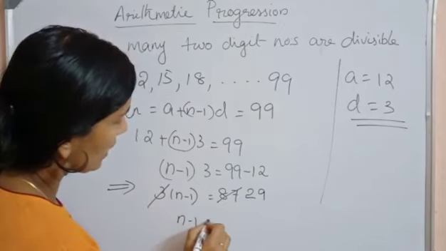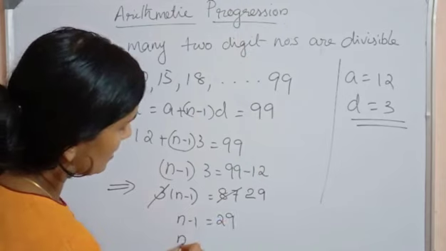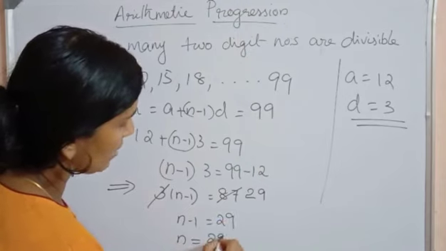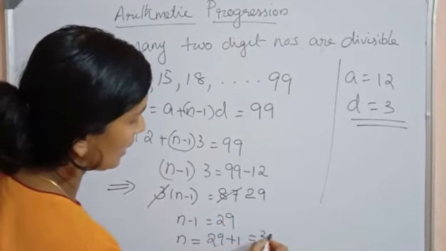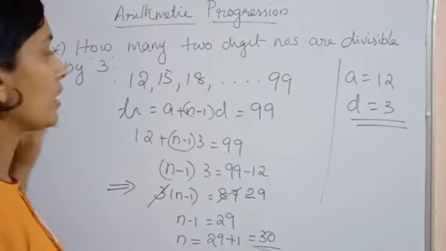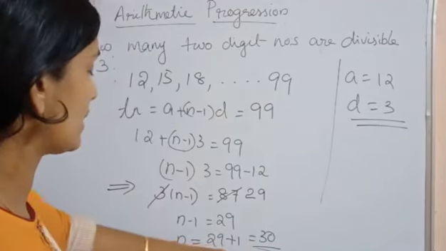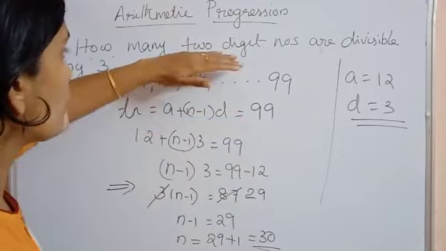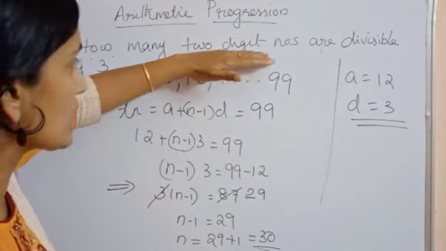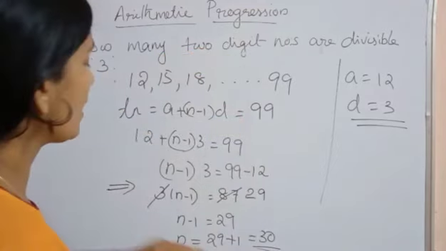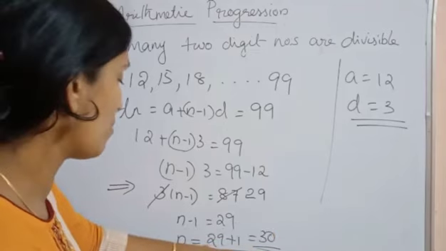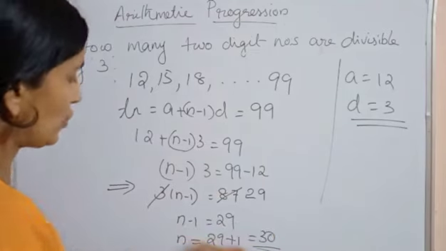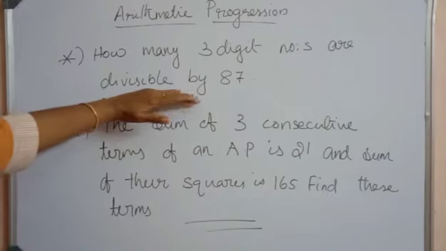So n minus 1 is equal to 29, and this implies n is equal to 29 plus 1, and that is 30. So the number of terms of this AP is 30. That means there are 30 2-digit numbers which are divisible by 3. That is your answer.